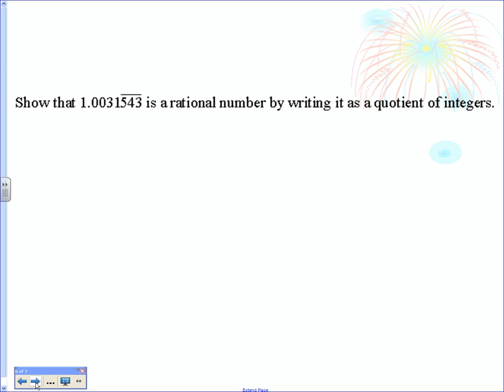Okay, leave a line on your notes and then write your number is 1.003153. We're going to put something above the number. How many decimal places does it repeat? 5, 4, and 3 repeat, right?